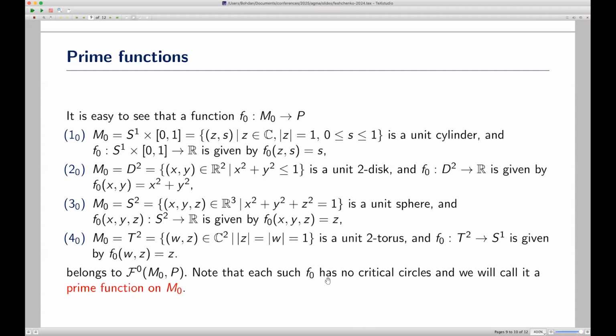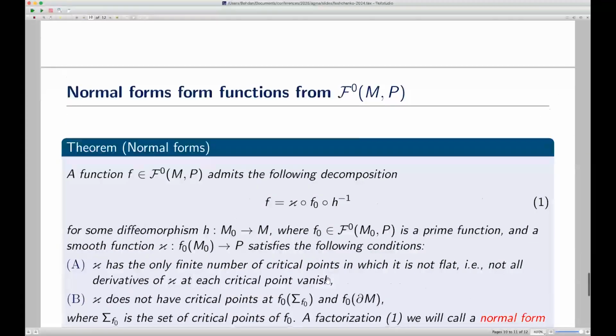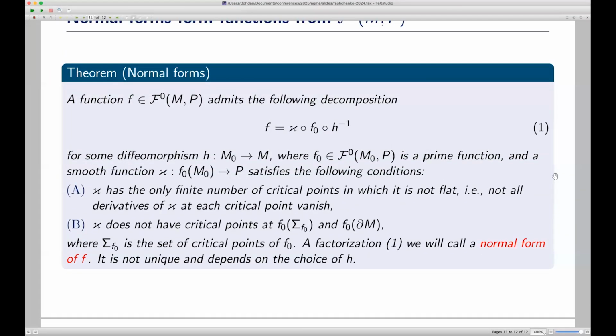The simplest one. And the following theorem is our main result. Any function from this class F0 admits a decomposition of this form for some diffeomorphism h, where f0 is a prime function and a function kappa satisfies the following conditions.